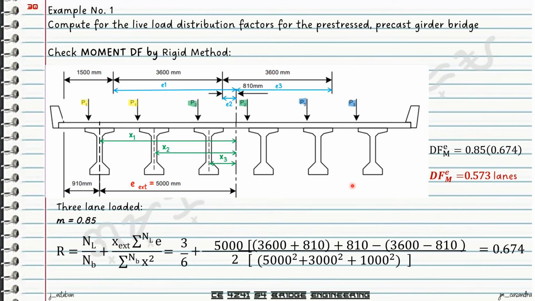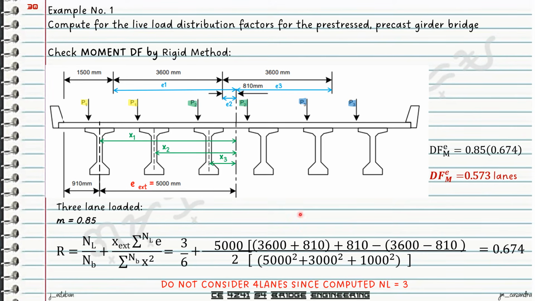And since we have computed an NL equal to 3, therefore we stop at the computation for distribution factor until 3-lane loaded for rigid method. Okay, so we'll not continue with the 4 lanes. But if we have computed an NL equal to 4, then we move on until 4 lanes.